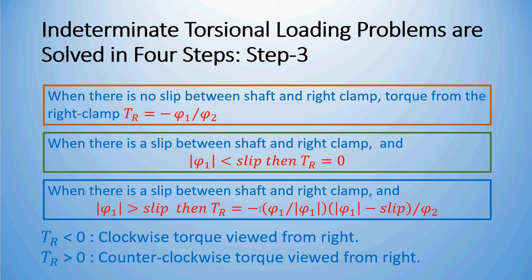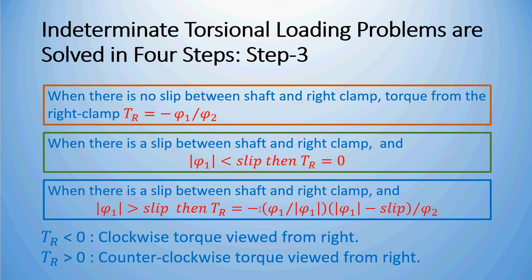Pay attention to this because just by looking at the original problem, you should be able to intuitively tell the direction that the clamps should react in order to counteract what the loads are doing. And so if you find that this force in the right clamp is going to act in the wrong direction, it's helping the torque instead of resisting it, then you know that something is wrong and you can double check yourself.